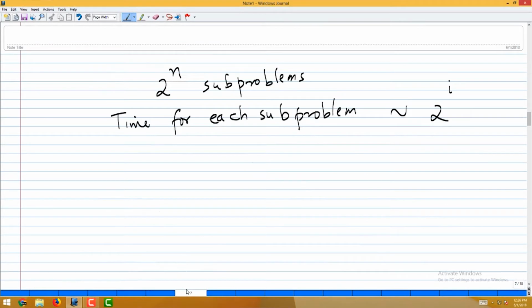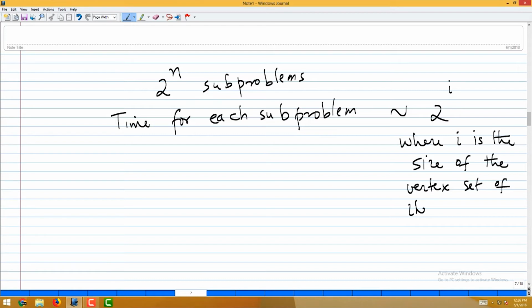So, it is 2 power i where i is the size of the vertex set. If I upper bound it by 2 power n, this gives you something like 4 power n.